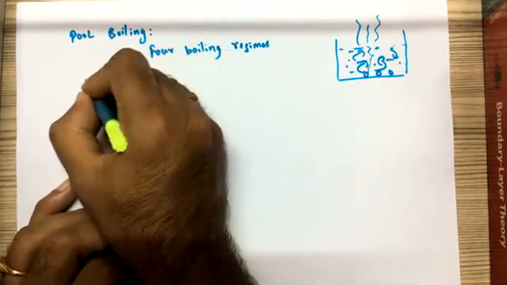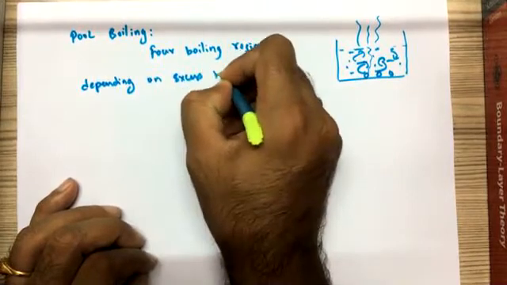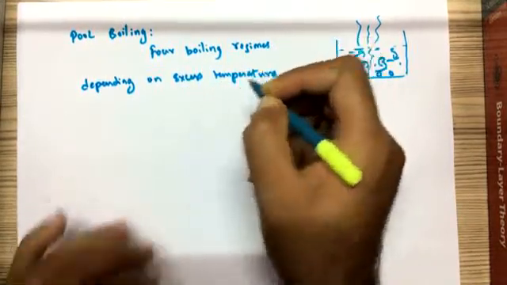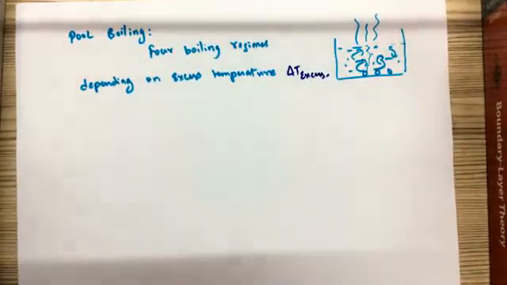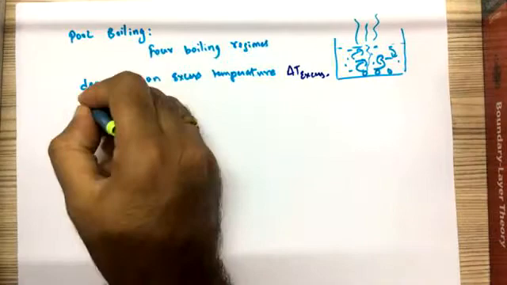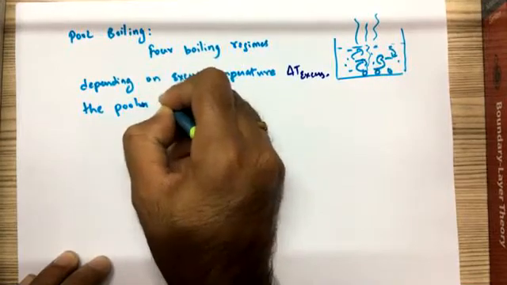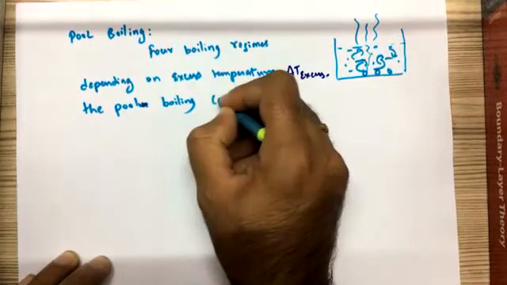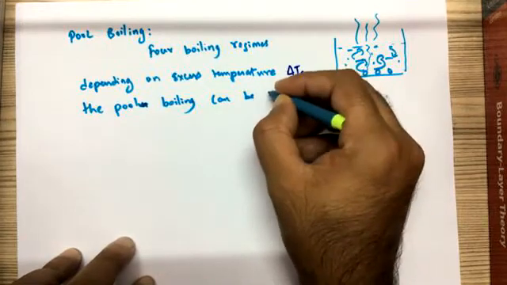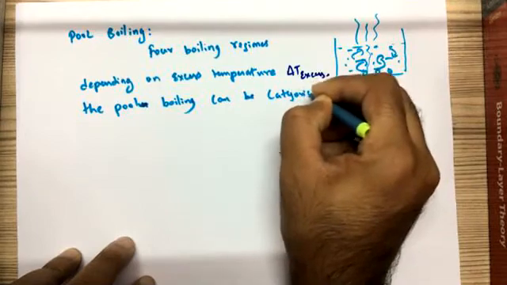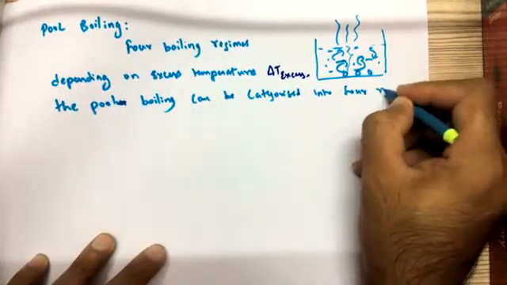Depending on the excess temperature, delta T excess, the pool boiling can be categorized into four regimes.